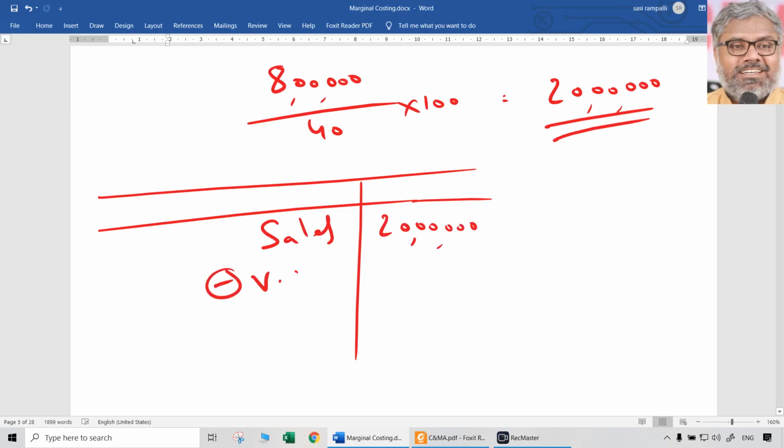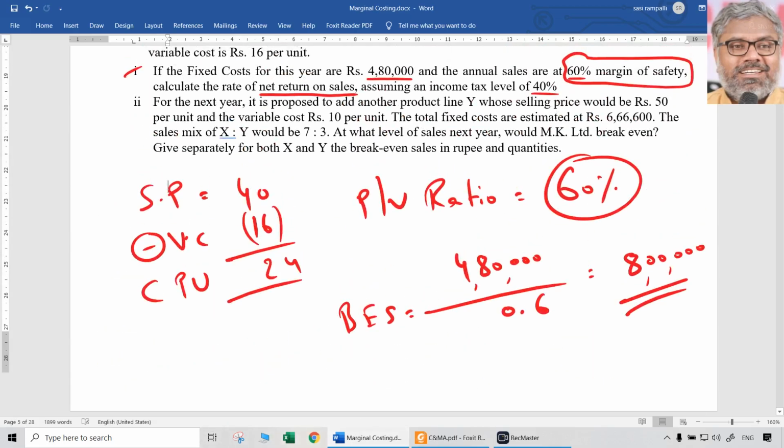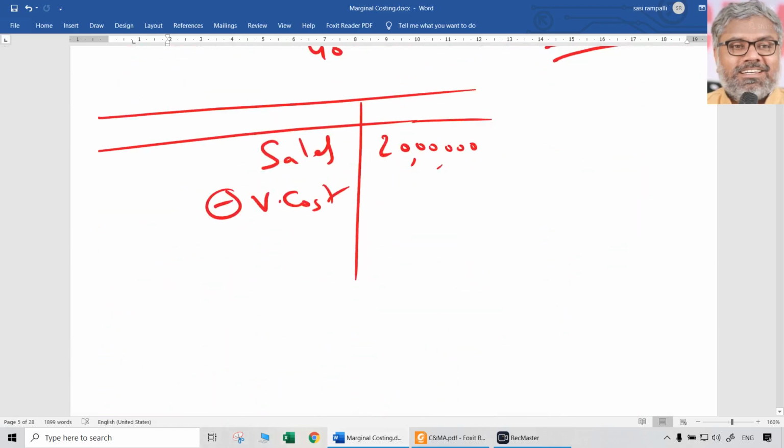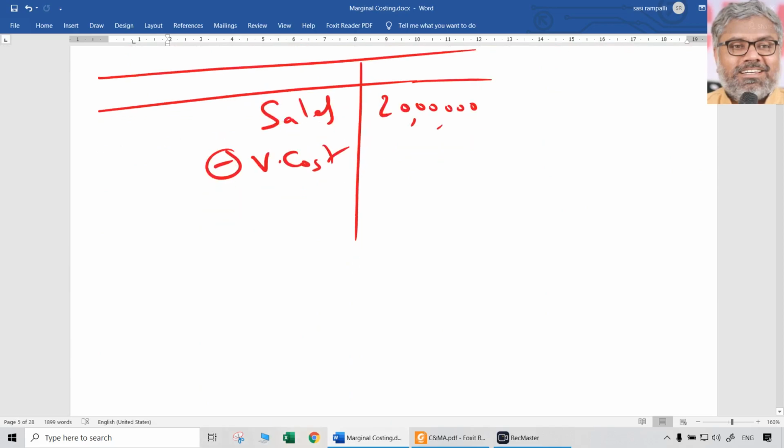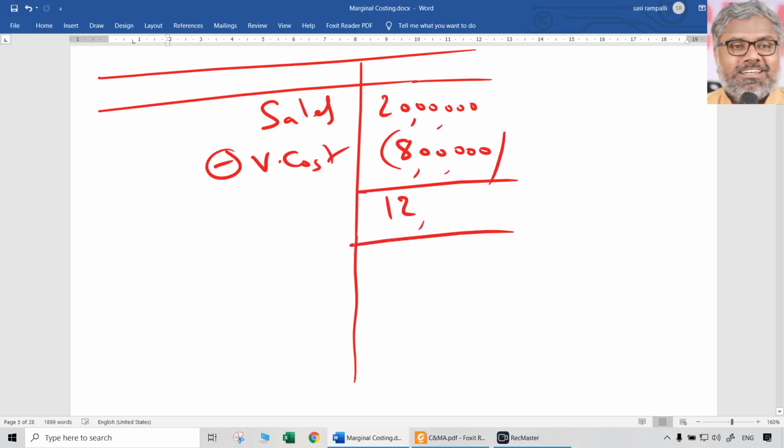Less variable cost. How do you know variable cost? When PV ratio is 60%, variable cost to sales ratio will be 40%. So 20 lakhs into 40% means 8 lakhs variable cost. Just like preparing a small income statement. So 12 lakhs is what? That is contribution, which is definitely representing 60% PV ratio in total.